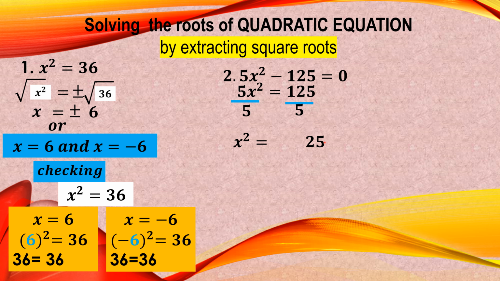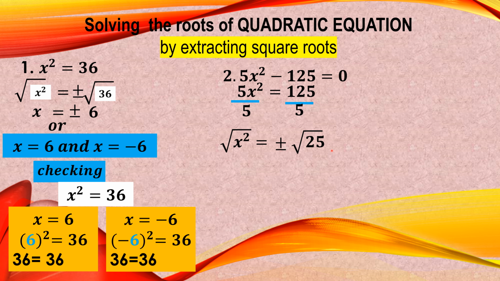equals 25. Next, we have to see that they are already both perfect squares on the left and on the right side. So we can proceed to extracting their square roots. So the square root of x squared is equal to the square root of 25. But do not forget that there should be a double sign.